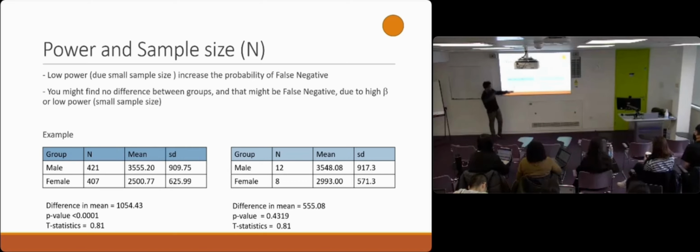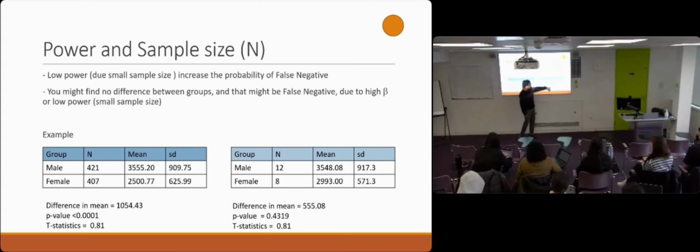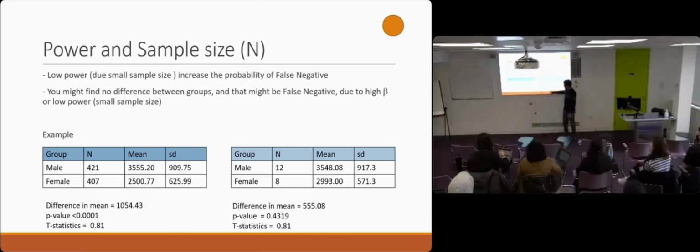So we concluded that yes, men and women are different in lung function because the p-value suggests that, right? How much different are they? This much different. And in this study, the difference is only this. The number of samples is less, but the difference is this. The p-value is this, right? So that's one of the things. The p-value is already saying to reject it, just reject it. There is no possibility that they are the same, right?